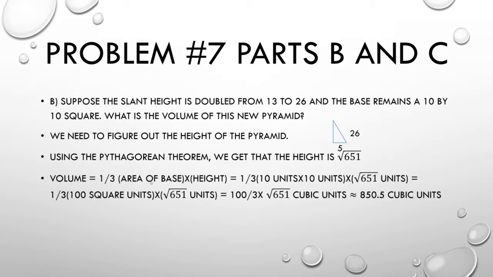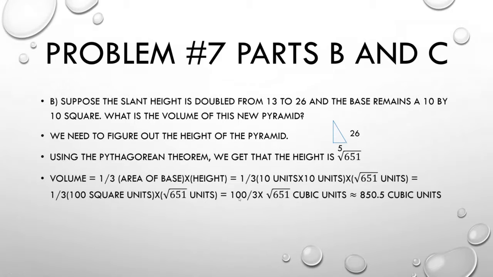Again, to find the volume, we use the formula 1/3 times the area of the base times the height. And the base is a rectangle that's 10 units by 10 units. So to find the area of the base, we multiply 10 units times 10 units. The height is the square root of 651 units. And so we get 1/3 times 100 square units times the square root of 651 units.